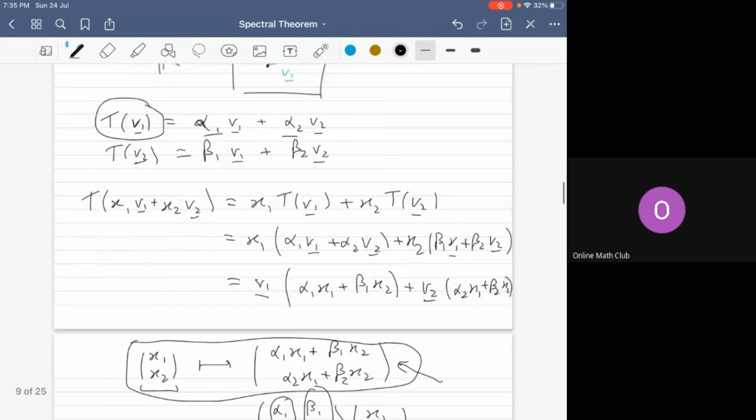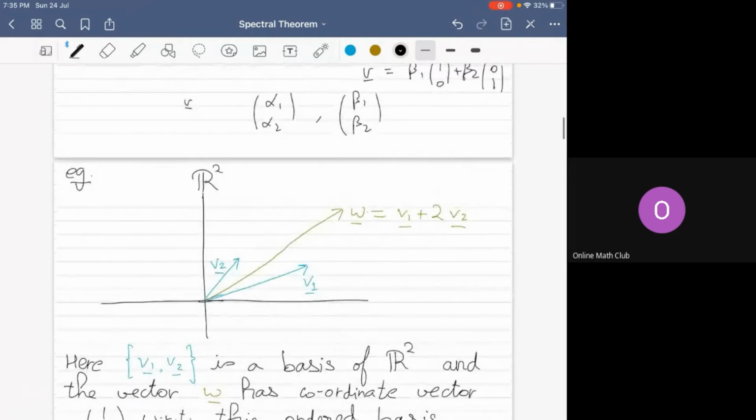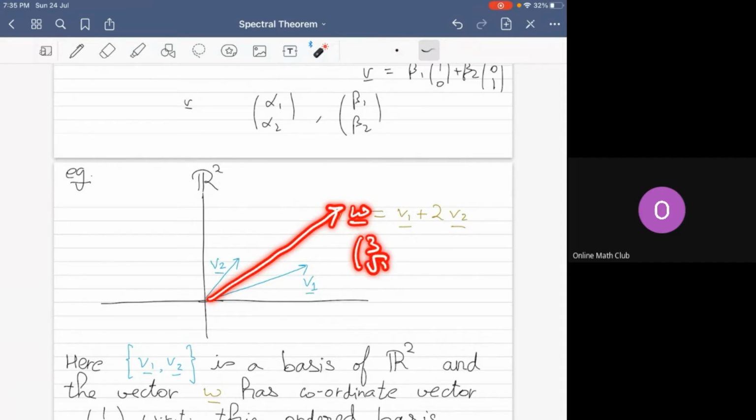Where is the figure? Okay, yeah. Look at this. So here W could be, let's say, some 3 root 2, any vector. But with respect to this basis, because W is 1 times v1 plus 2 times v2, we say that the coordinate vector of w with respect to v1, v2 is 1, 2.